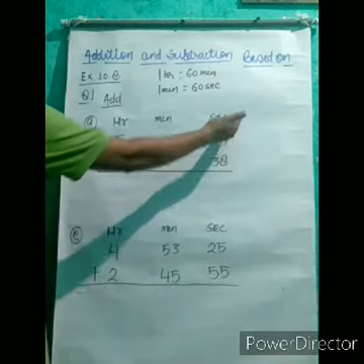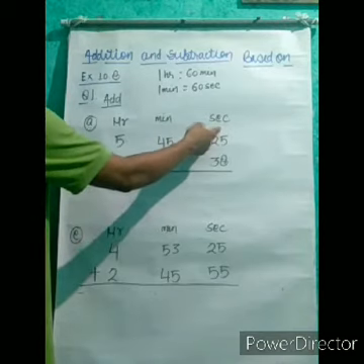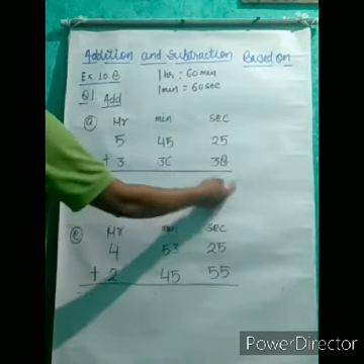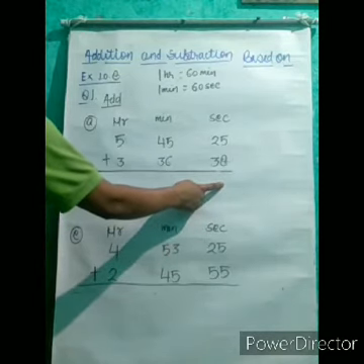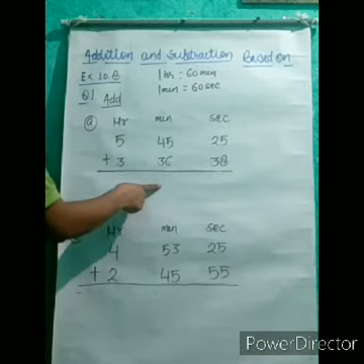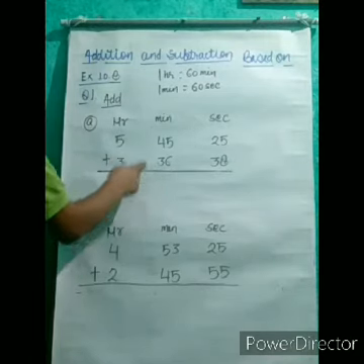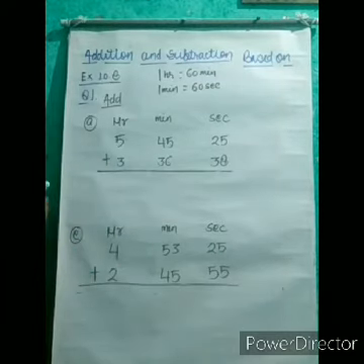If seconds are more than 60, we divide the sum of seconds by 60 to convert into the higher unit, which is minutes. If the minutes are more than 60, we divide the sum by 60 and convert into hours. So we can see now how to do it.